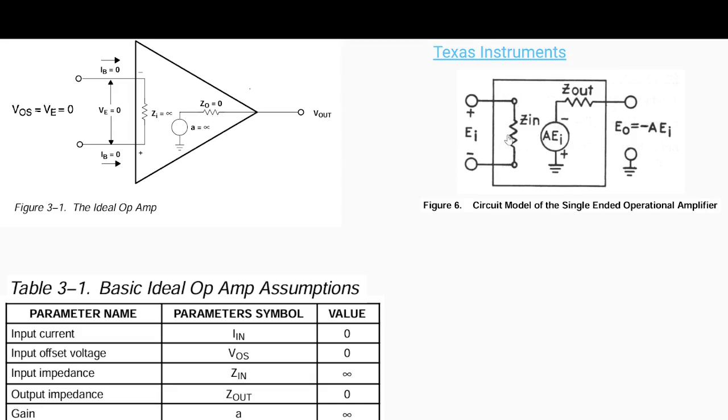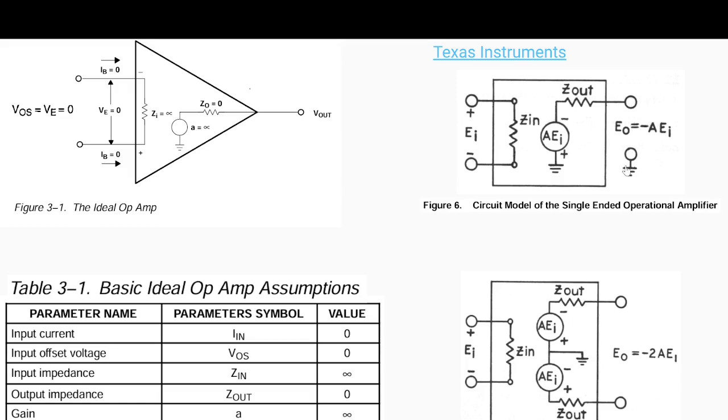EI is basically the input voltage, A is the gain, and there is the output impedance, so E out is equal to minus A times EI. That's what you see here. Further, if you talk about differential outputs, this is how the model can be. This is the circuit model of the differential output operational amplifier.